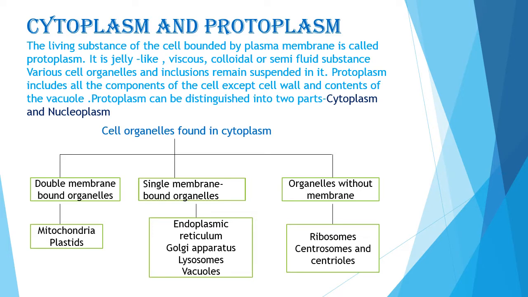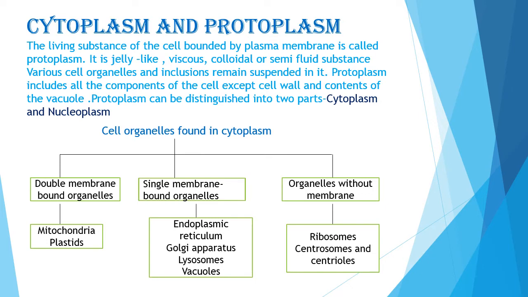Now the cytoplasm contains many cell organelles. Each type of cell organelle has a characteristic shape and is specialized for a specific function. Here you can see in this table the cell organelles that are found in the cytoplasm. Some are double membrane bound organelles, some are single membrane bound organelles, and some are without any membrane.